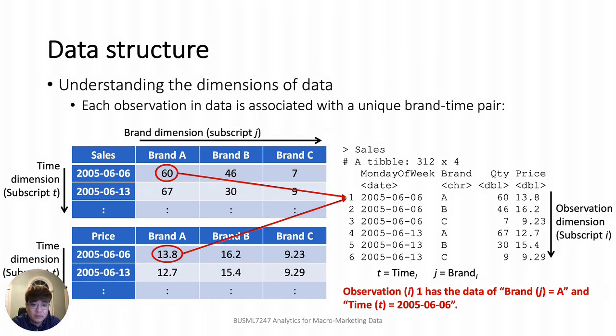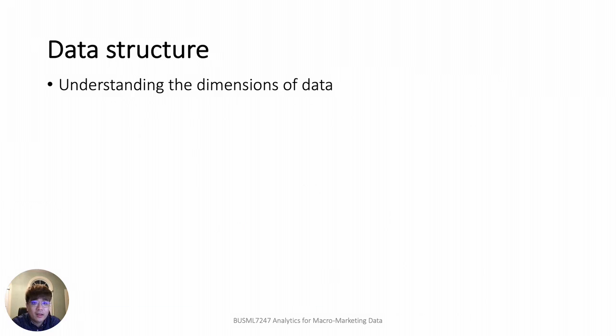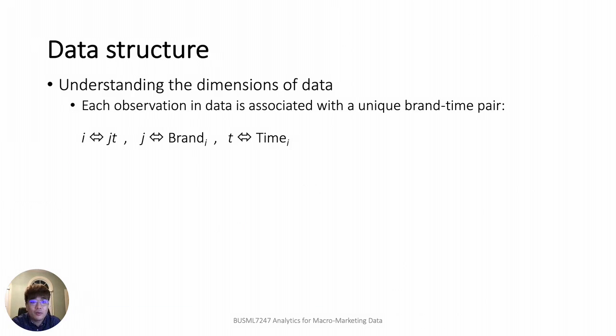For example, observation 1 has the data of brand equal to A and time equal to June 6, 2005. That is, we have the following correspondence. Observation I is corresponding to a unique brand-time pair, J and T. The brand and time variables give us which brand and time the observation is associated with.